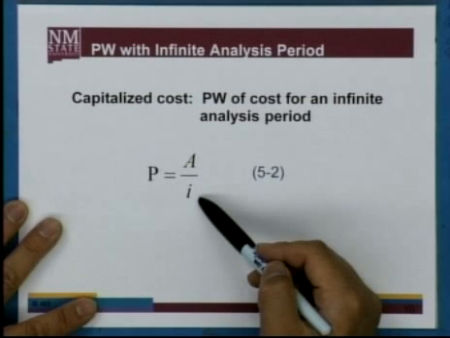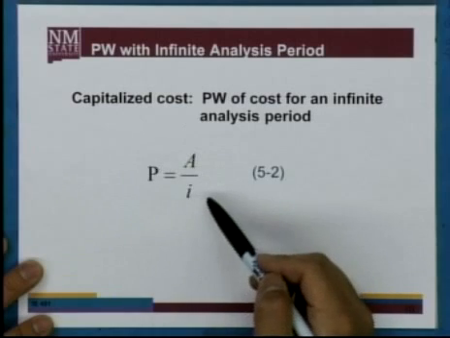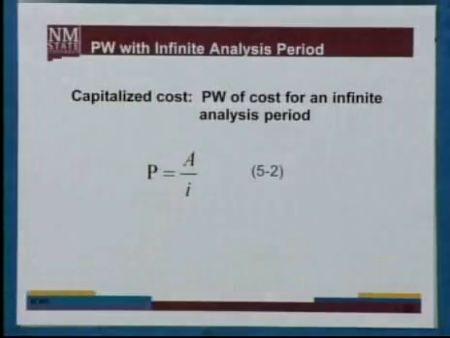Okay? And the derivation of this equation is well described in our text, I believe on page number 162. So please take some time to read through page 162 of our text.